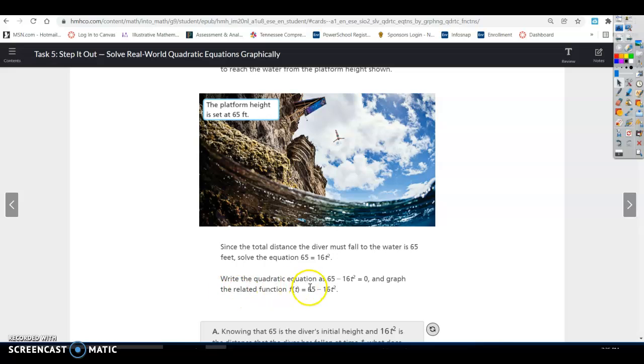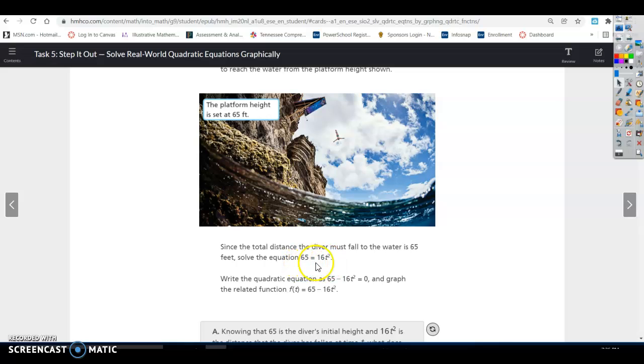So write the quadratic equation as 65. Actually, they subtracted the 16t squared. So 65 minus 16t squared, it would be the same difference if you check the equation the other way. You could subtract in either direction to write a new equation, as long as you get one side equal to 0, and as long as you do the same operation on both sides of the equation.